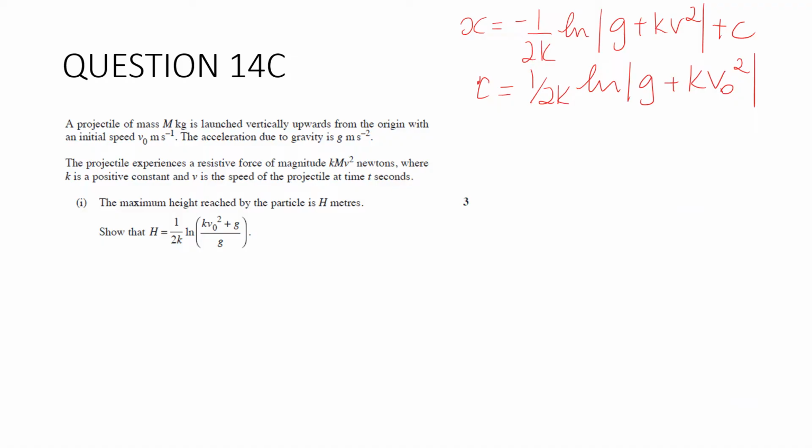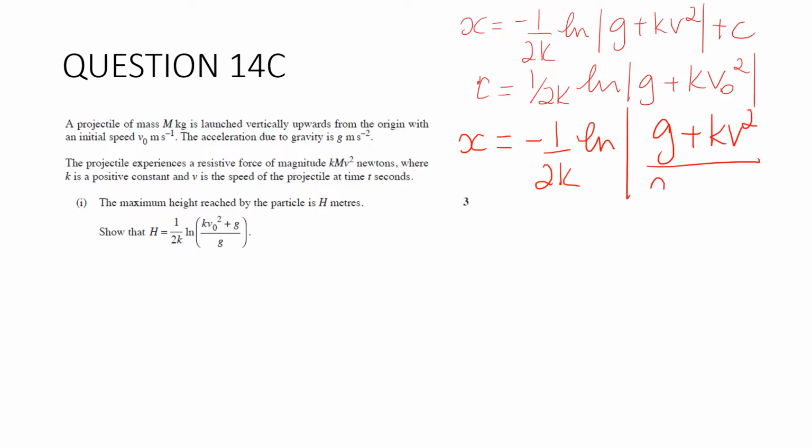And so x is going to be equal to negative 1 on 2k ln (g plus kv squared) all over (g plus kv naught squared). All right, we want to work out the maximum height. That, of course, is when the particle turns, and v is going to be equal to 0.